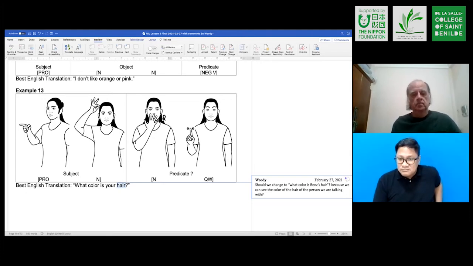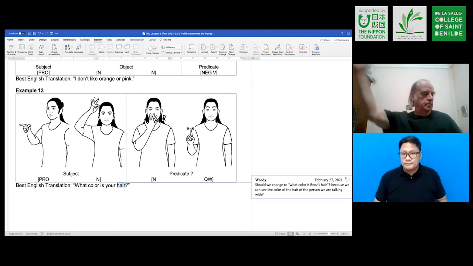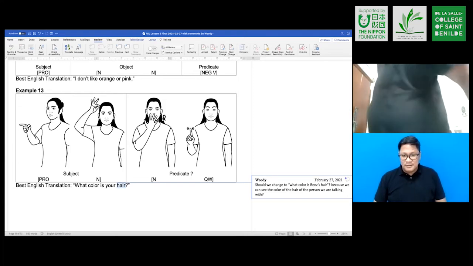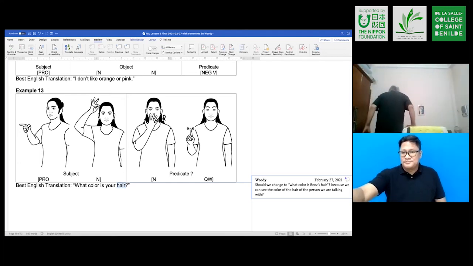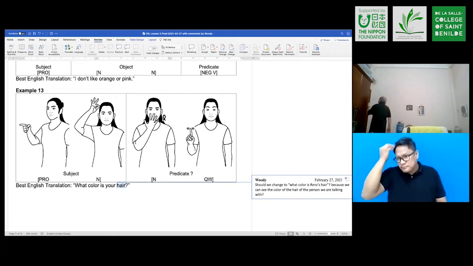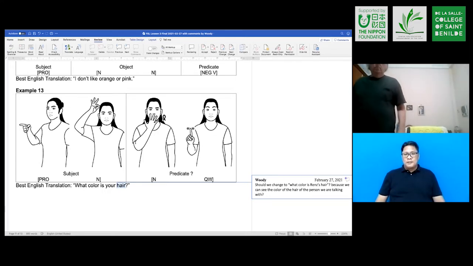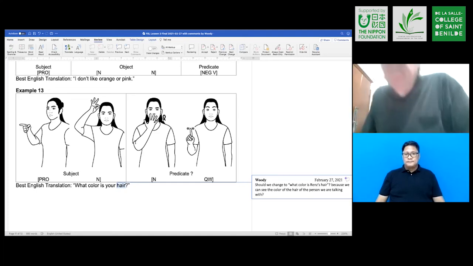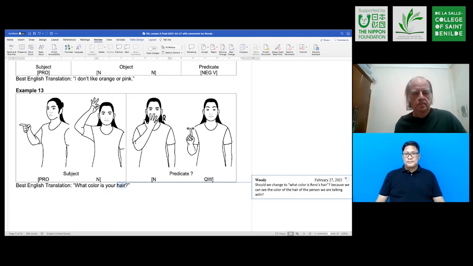Let's use Kyla's hair, Peeps is saying. Peeps is suggesting that maybe we can just do Ray's hair or Meng or somebody else.